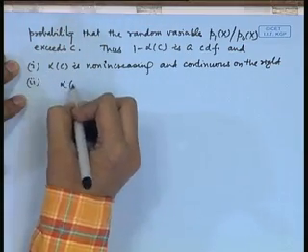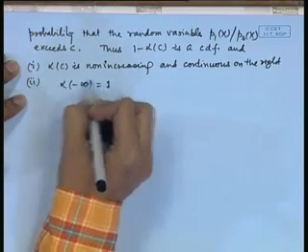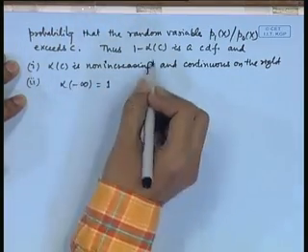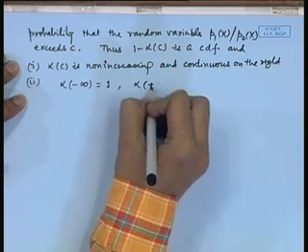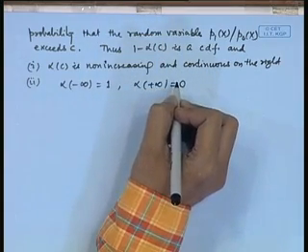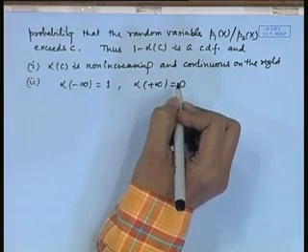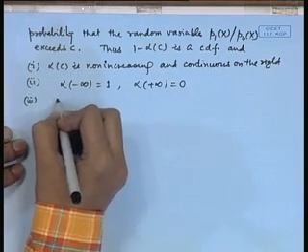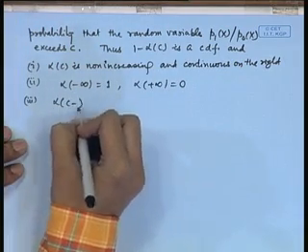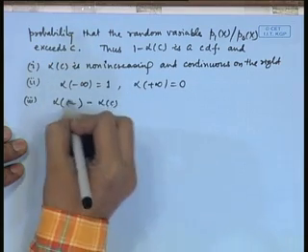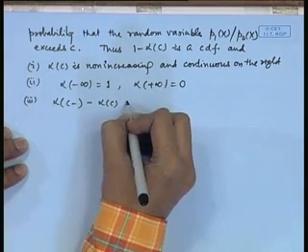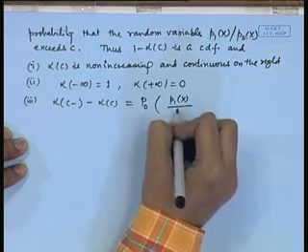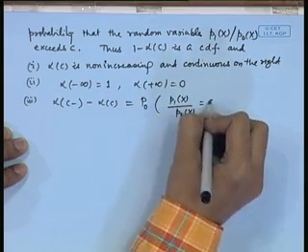Secondly, alpha of minus infinity will be 1, that is the limit of alpha c as c tends to minus infinity, because 1 minus alpha c is a CDF, and alpha at plus infinity will become equal to 0. The third is that alpha c minus alpha c, that is the left hand limit at c minus alpha c, is the probability that P1 x by P naught x is equal to c.